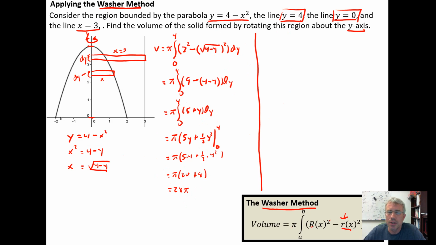So the other way we could have done this, maybe a little more thoughtfully without just jumping to use the formula, would be to think through the geometry of what's going on here.